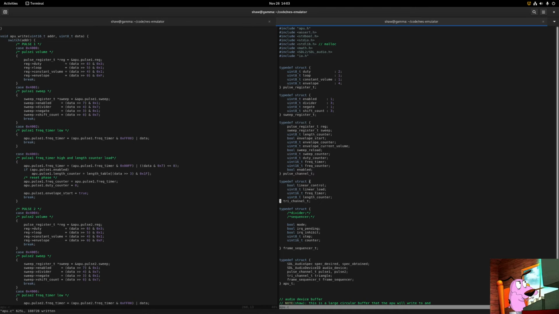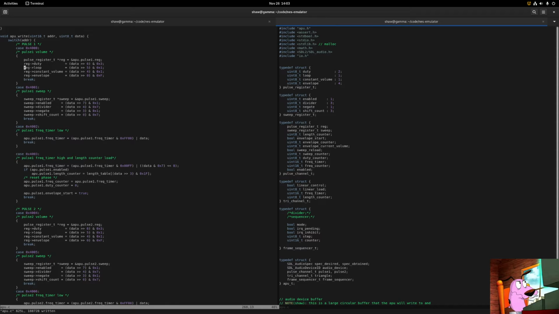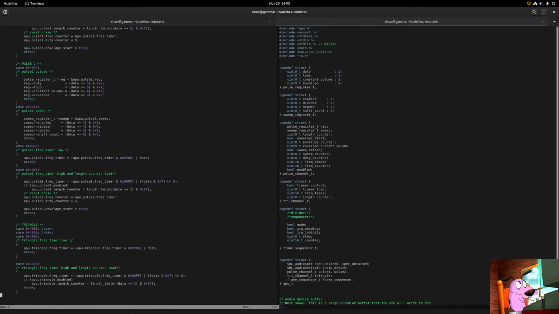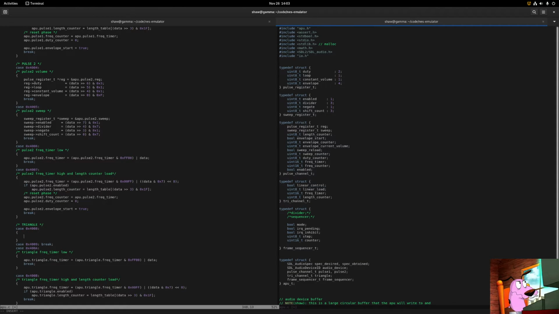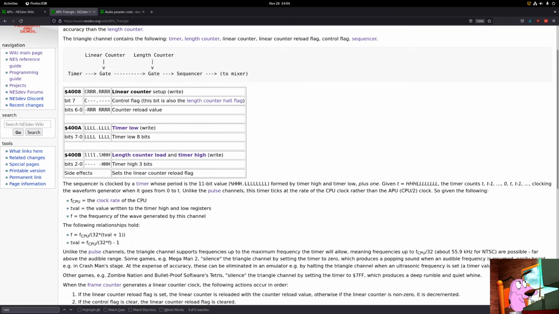Okay, so a write to 4008 is triangle linear control. Right, so we're going to have data bits 5, 6, 7.